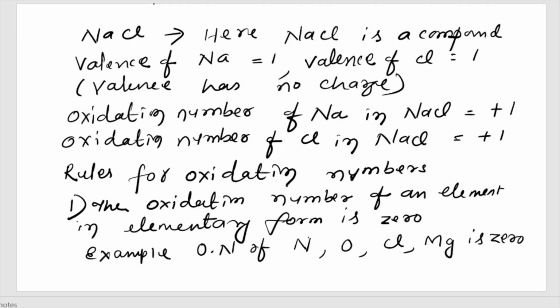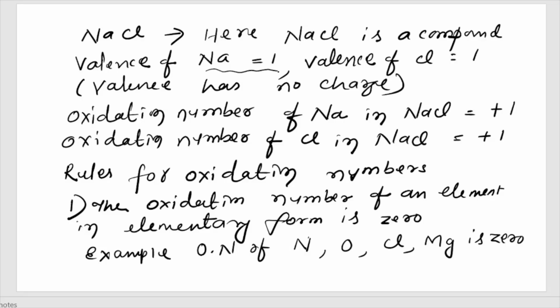Here you can find NaCl. Here NaCl is a compound, ionic compound. Valency of Na, I told, valency of Na is 1. That means it is not in combination state. It is simply valency 1. Then valency of chlorine is 1.